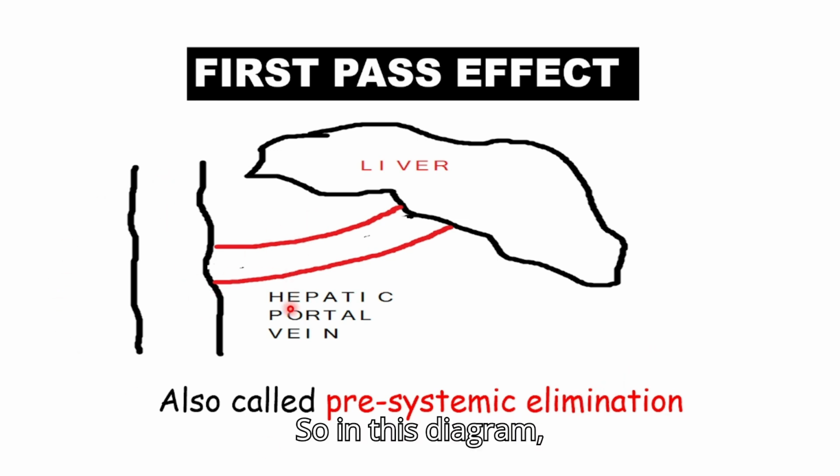So in this diagram, this represents the gut. The gut has enzymes that can destroy the drug.